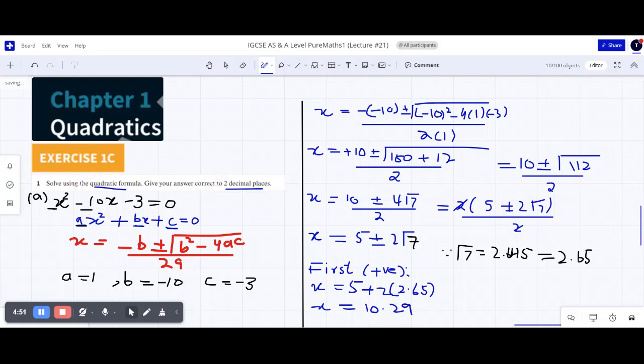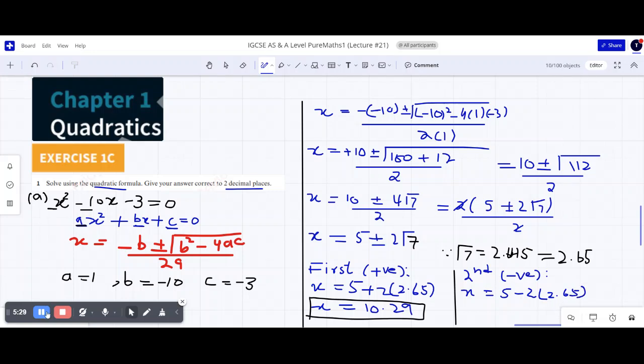So x equals 10.29 to two decimal places. The second solution we will get for the negative value. So x equals 5 minus 2 into 2.65.